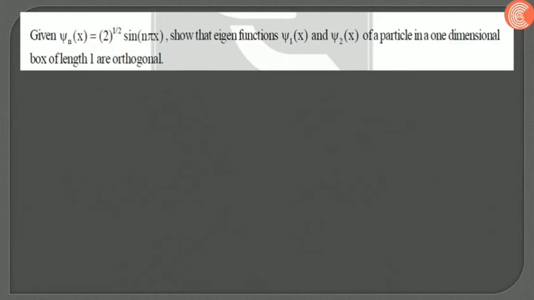The first question gives the generalized wave function and asks us to show that these eigenfunctions psi1 and psi2 of a particle in a one dimensional box of length 1 are orthogonal.